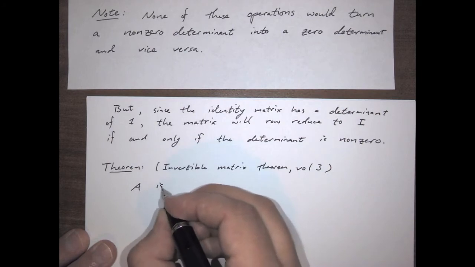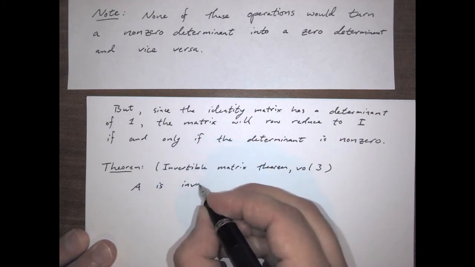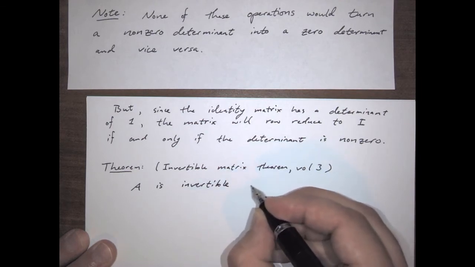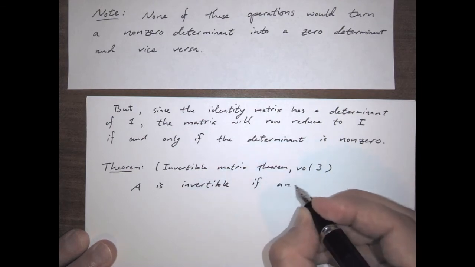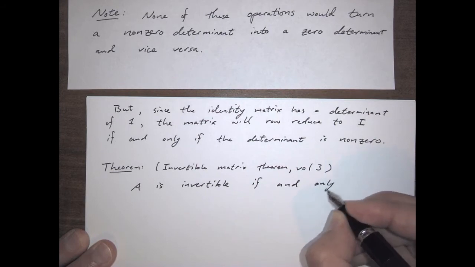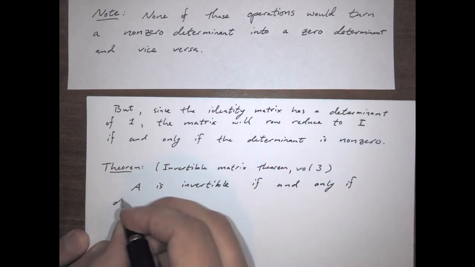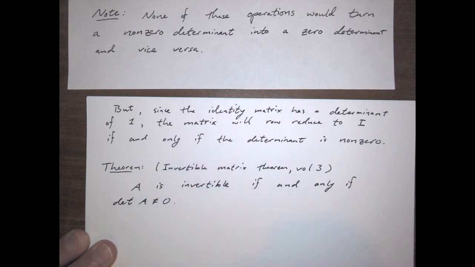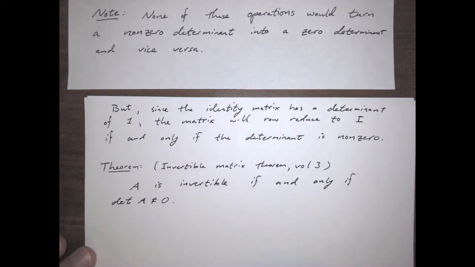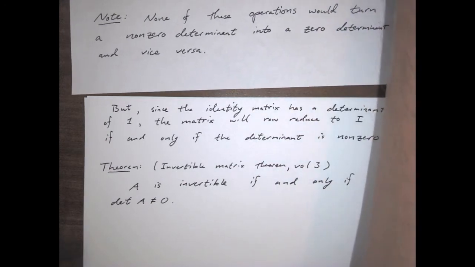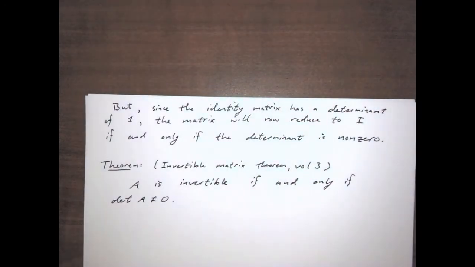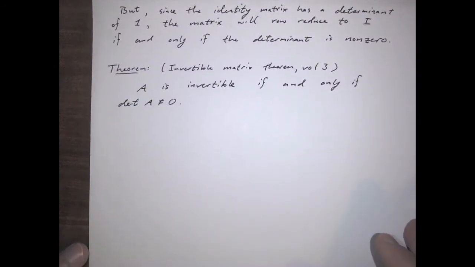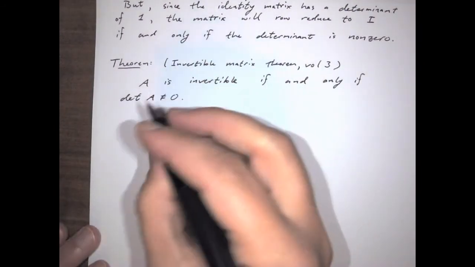A is invertible if and only if determinant of A is not equal to 0. However, being invertible was only part A of the invertible matrix theorem. Everything else that was part of that theorem then also depends on the same property of the determinant.